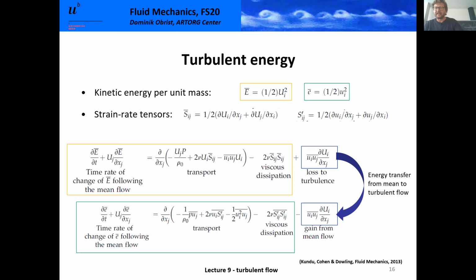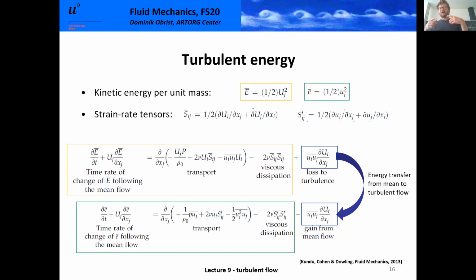It's really like a kinetic energy if you multiply it by rho. And you can do the same for the velocity fluctuations: you sum up the square of all velocity fluctuations and you get the turbulent kinetic energy. Lowercase k is turbulent kinetic energy, and uppercase E is the mean kinetic energy.